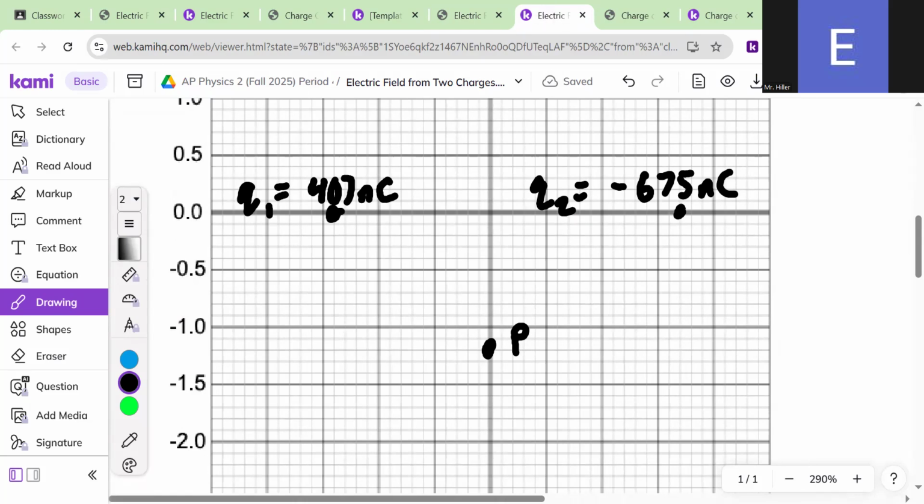So I know this is 1.4. I know this is 1.2. I know that distance is 1.7. And I need to find this distance here and this distance here.